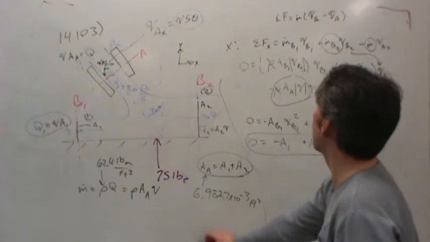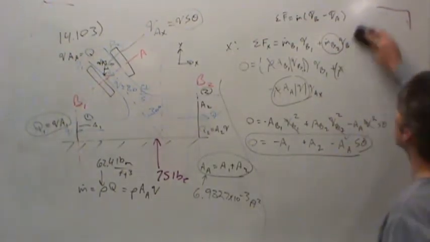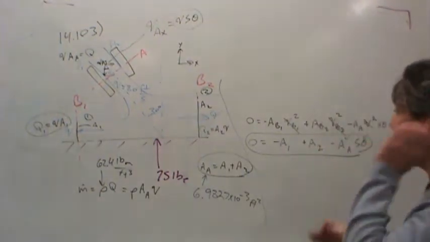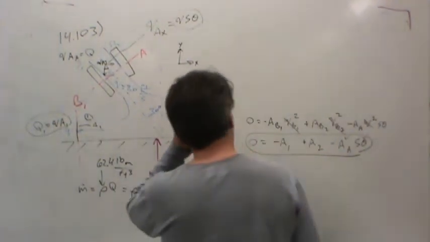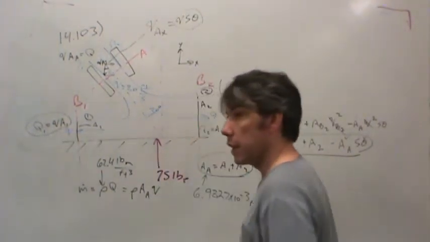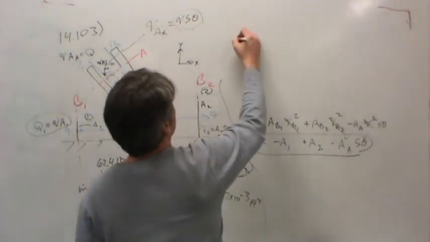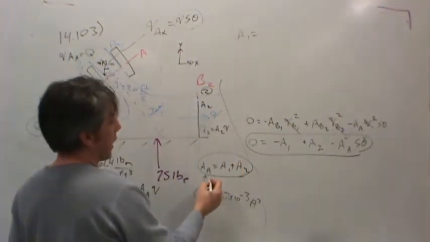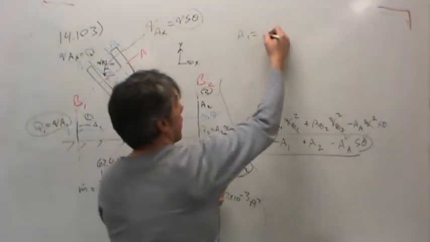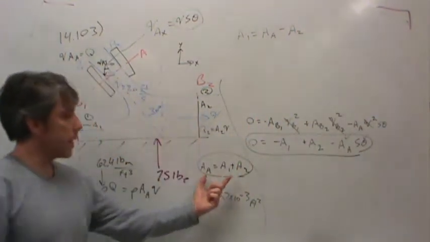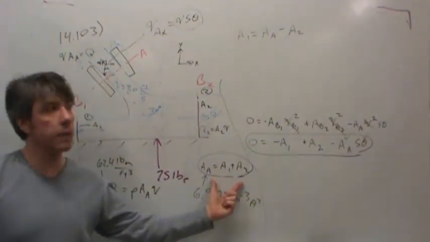So I think we are done with this bit. Let's solve for A1 and A2. Let's see, have you guys had linear algebra yet? Okay, well, we'll do it the long way. A1 from the mass balance is area at A less area at 2. Everybody see that all I've done is rearrange this equation, right?